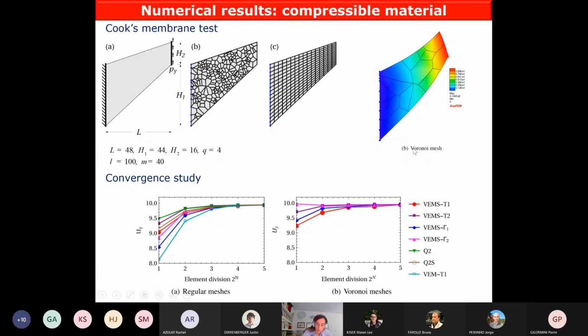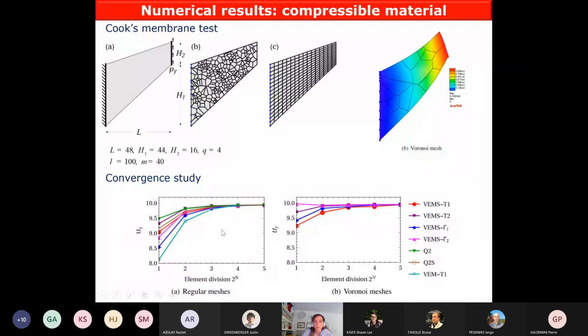And first of all, we perform a convergence study, in this case for regular meshes and for Voronoi meshes. The idea is to use a uniform mesh refinement so that each subsequent mesh can be exactly contained in the previous one. And turning to Voronoi meshes, the idea is to consider a mesh that has an equal number of elements as the corresponding regular one.